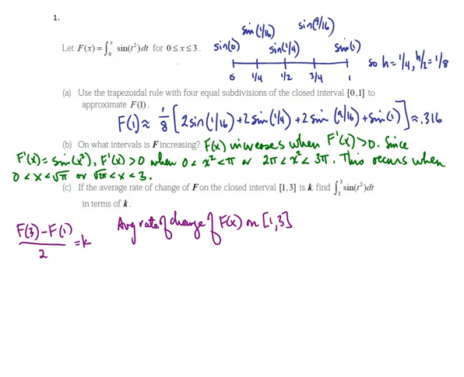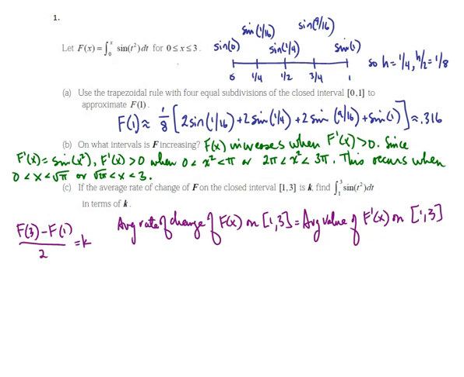Or stated again, the average rate of change of f of x on the interval from 1 to 3 is equal to the average value of f prime of x on 1 to 3. f prime of x is the rate of change of f of x, and so the average value of f prime of x would be the average rate of change of f of x.